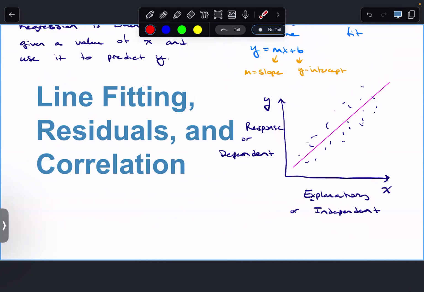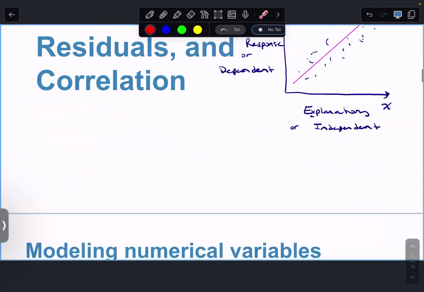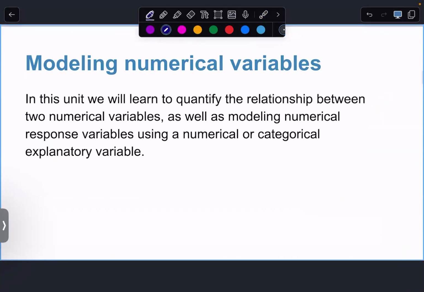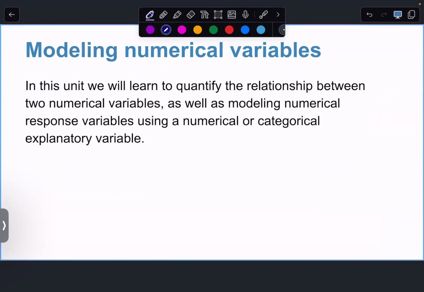It is possible to have a categorical variable on the x-axis as an explanatory variable, but we're going to focus on numerical variables, and then I kind of sprinkle it in at the end. Well, what if it's categorical? We can do that. The main thing is that the response variable has to be numerical. Otherwise, we use different methods that we do not teach in this course because it's not very common.